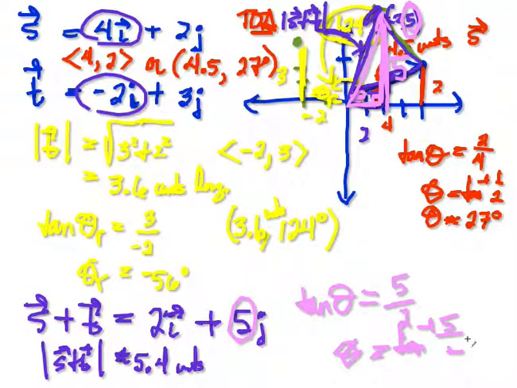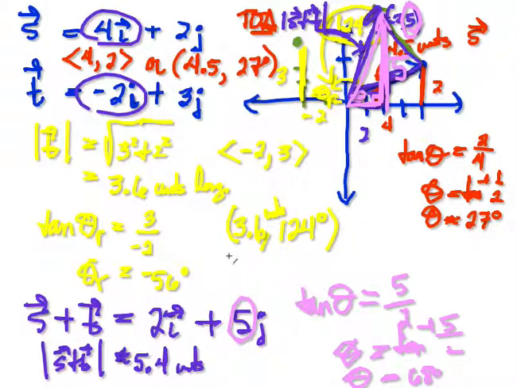So I'm just going to take the tangent inverse of 5 divided by 2, and make sure you're in degree mode if it's degrees that we want, not radians. So I got 68 degrees. Doesn't that look like about 68 degrees? Looks like that to me.